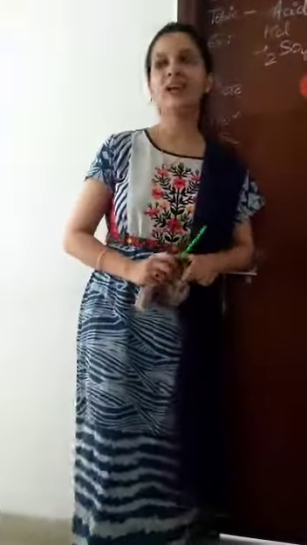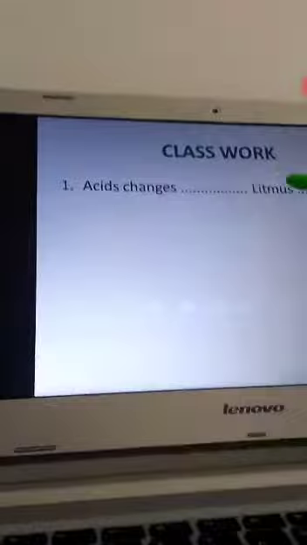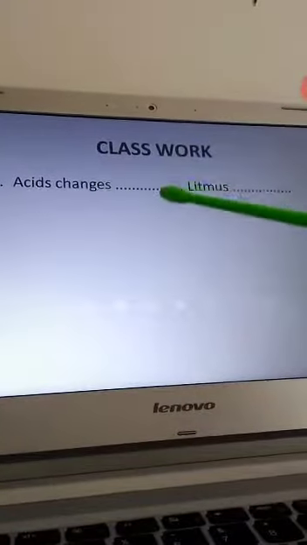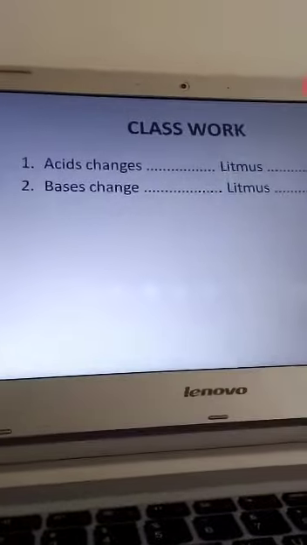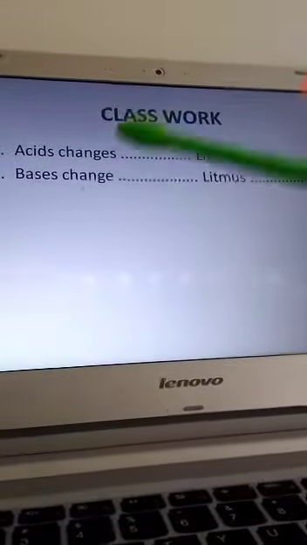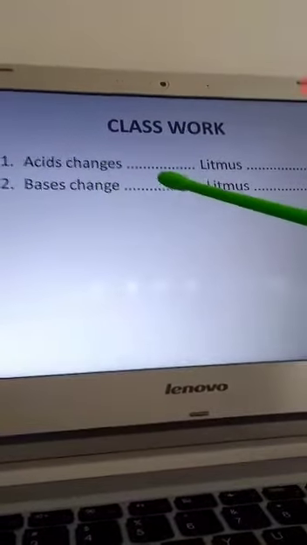Now, I will give you certain fill in the blank questions, children. So the first question is, an acid changes dash litmus to dash. Correct, it changes blue litmus to red. Second, a base changes dash litmus to dash. Very good, bases change red litmus to blue.